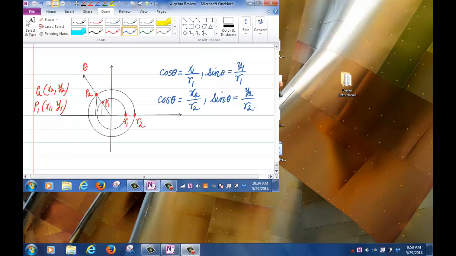Because the triangle is the same. The triangles that I have here, right? They are similar triangles, right? You guys realize that? They have the same angle. So when you have similar triangles, the ratio of corresponding sides are the same, right? So that's why these two are the same, these two are the same, okay?